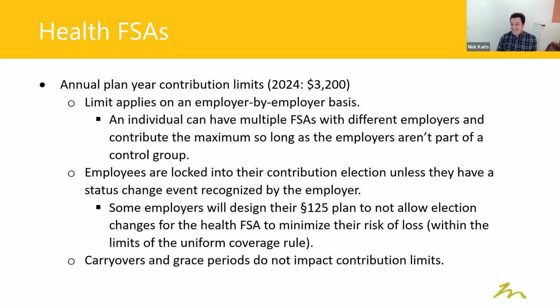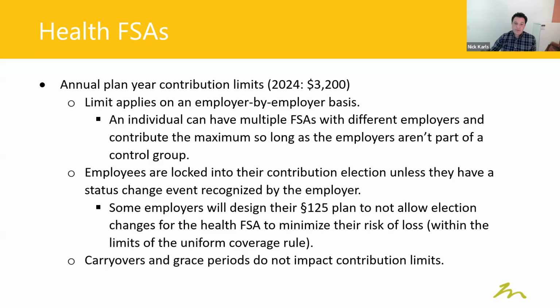Yes, Claire. Okay, one thing I wanted to add here is that when we say annual plan year contribution, the IRS is referring to a calendar year plan year. So if you have a mid-year plan that maybe starts July 1st, you're not going to be able to switch to the contribution limit until much later in the year.